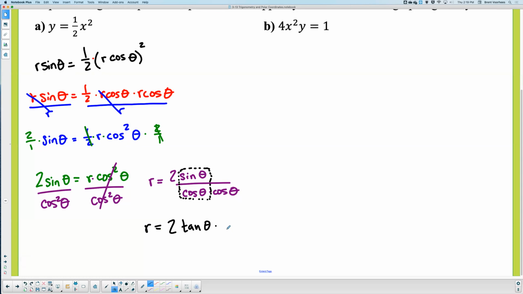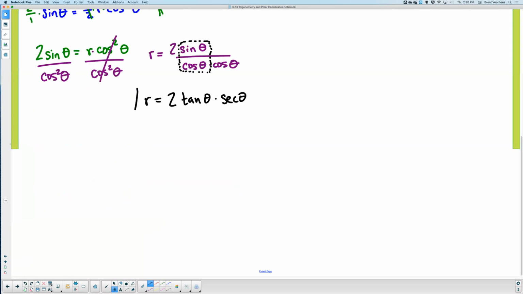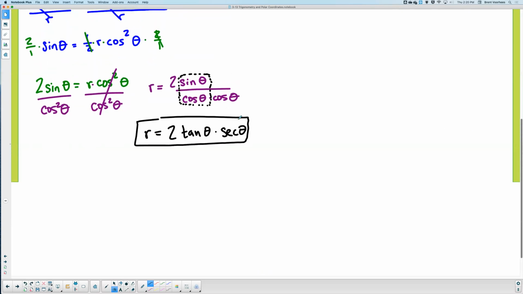I heard someone say it: dividing by a cosine is the same thing as multiplying by a secant. Secant. That's going to be my answer right there. Now, if you want to note how I got that, this right there is the quotient identity.